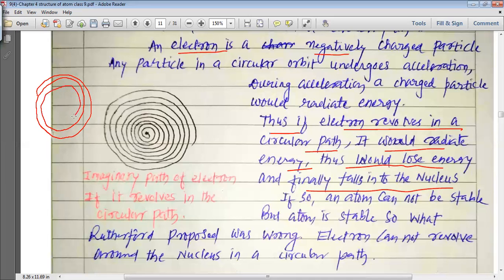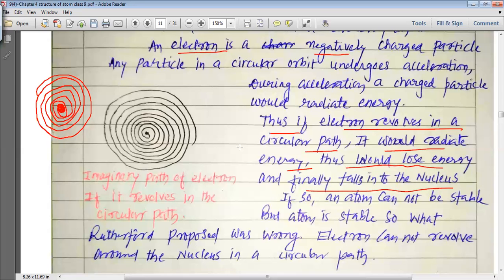As it loses energy, it moves towards the center, and at one time, the electron falls inside the nucleus. So the electron can never move around the nucleus in a circular path, and thus the atom should not be stable.